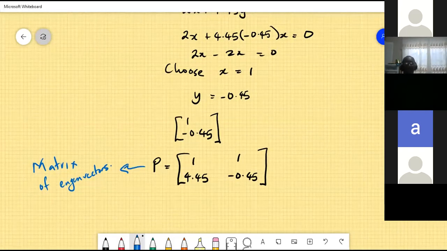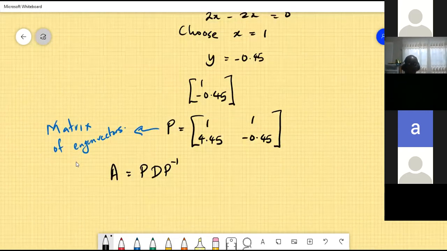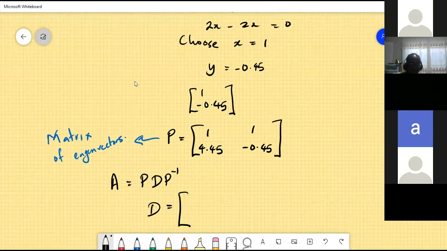Now, the mathematics theory says that A, the matrix that we were doing, is P times D times P inverse. D is a diagonal matrix made up of the two eigenvalues, and the two eigenvalues were negative 0.45 and 4.45.